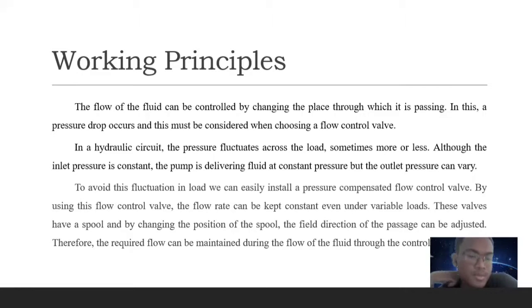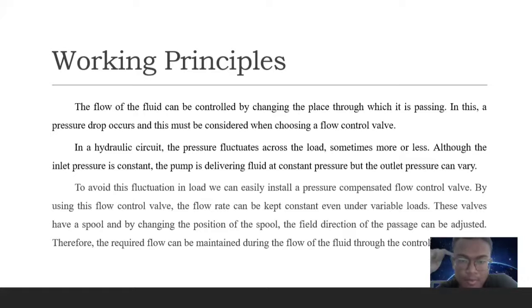The working principles. The flow of a fluid can be controlled by changing the area through which it is passing. In this, a pressure drop occurs, and this must be considered when choosing a flow control valve. In a hydraulic circuit, the pressure fluctuates across the loads, sometimes more or less, although the inlet pressure is constant.